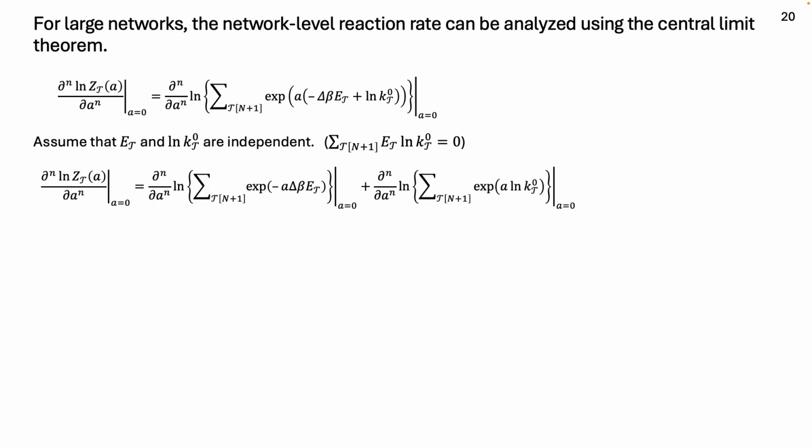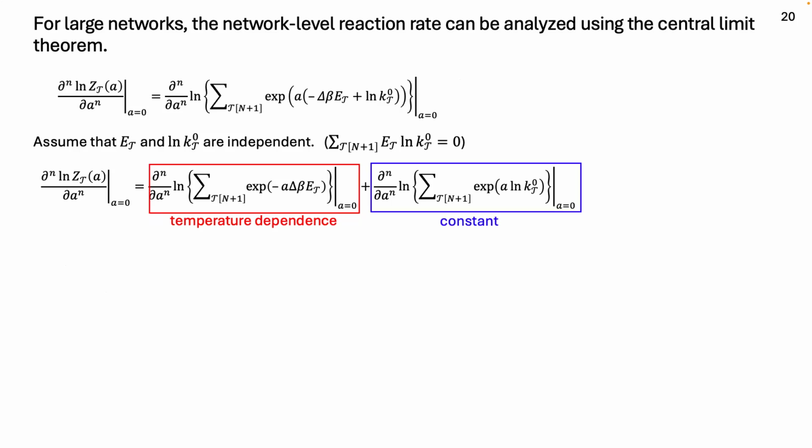And then this exponential can be separated because the cross term is 0. The first term is temperature dependent, and the second term is constant. It's not dependent on temperature. So we focus only on the first term. We ignore the second term because it's constant.